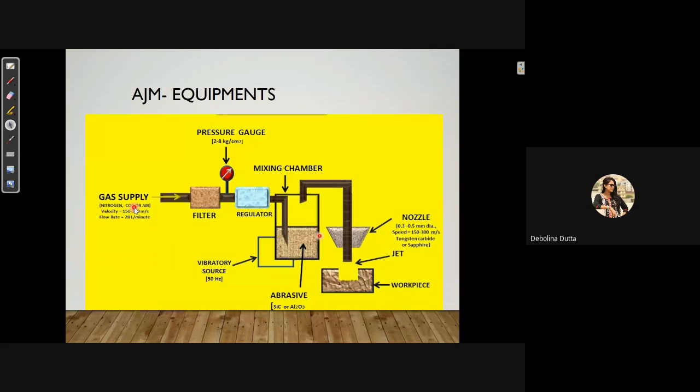First thing, gas chamber, or at least a process through which we can supply the gas.